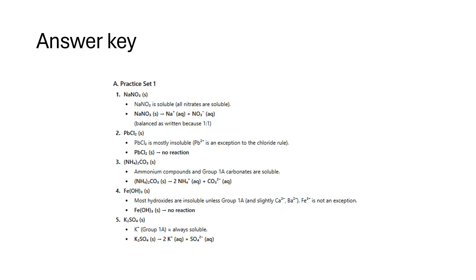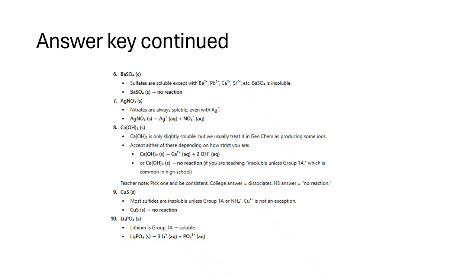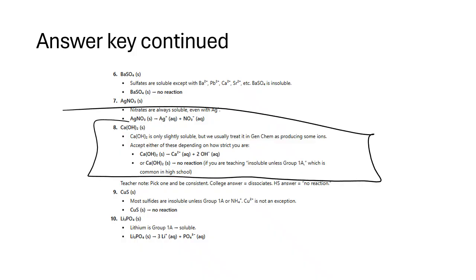Here I give you the answer key, which sort of points out what I just said, and might take it from a different point of view, but it's using the same solubility rules. Like here with calcium hydroxide, since it says slightly soluble, I got this from AI, and what it said is pick one and be consistent.